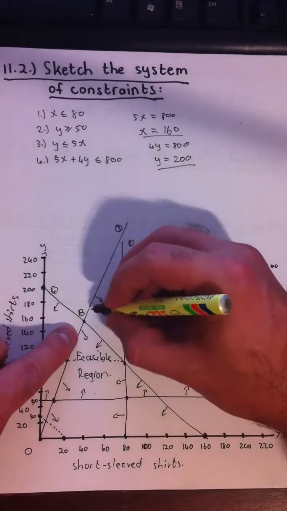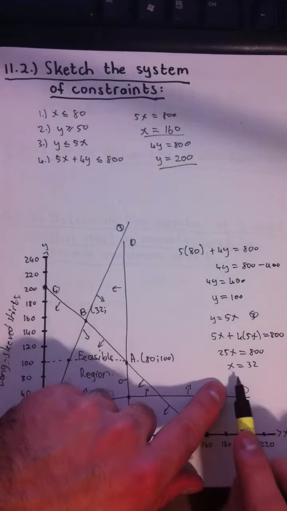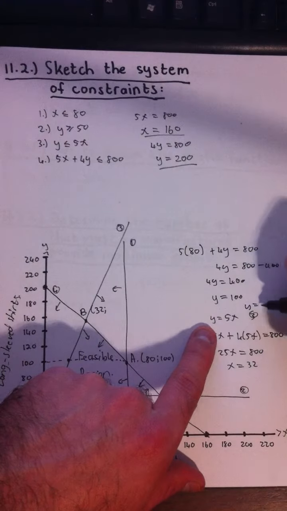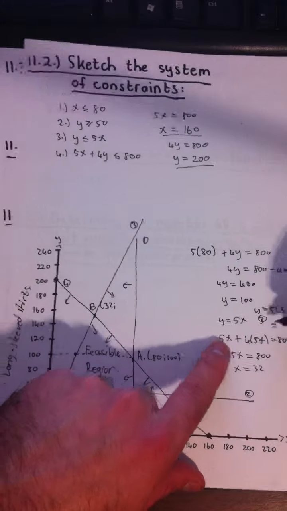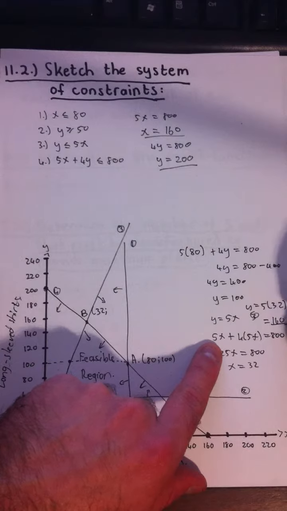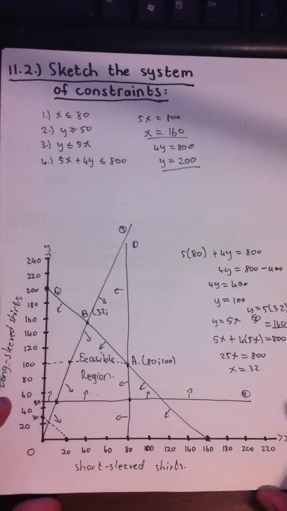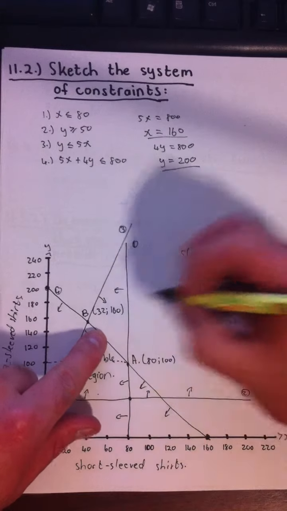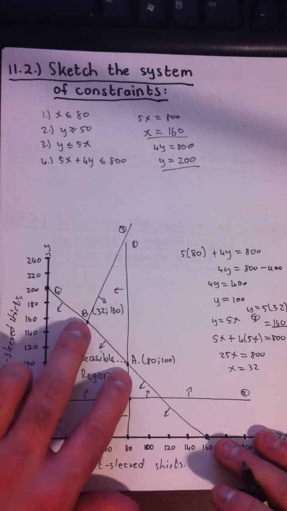So our x value here is 32, and what is the y value? We just plug this value back into our equation. So y equals 5 times 32, and that is equal to 160. Let me rearrange this quickly. So 32 and 160. There we go. So we know the maximum profit will happen at either B or A.